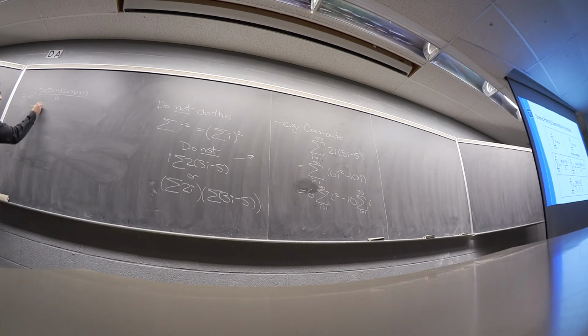Okay, minus 10 times the sum of the positive integers from 1 through n, which is given by n times n plus 1 over 2. So in this case, 50 times 50 plus 1 over 2.